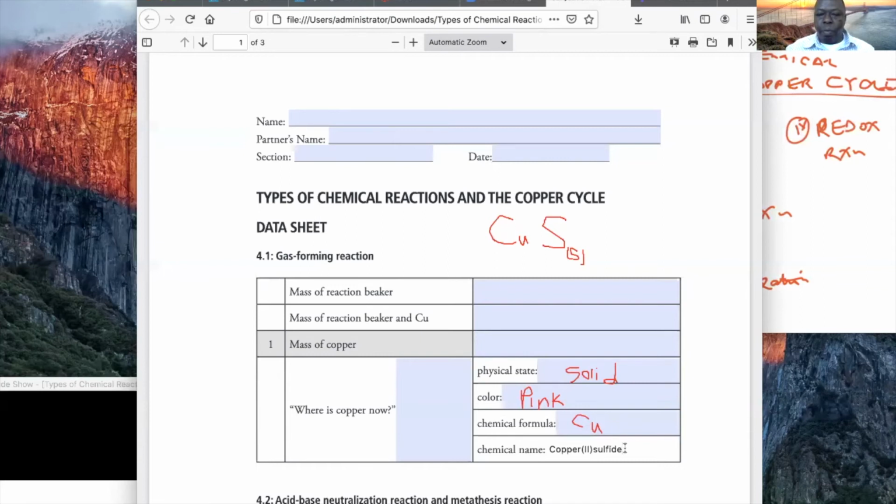Copper is in form of copper 1 oxide. By looking at those individual equations, you should be able to fill in the table for 4.1. You'll do the same thing for 4.2.